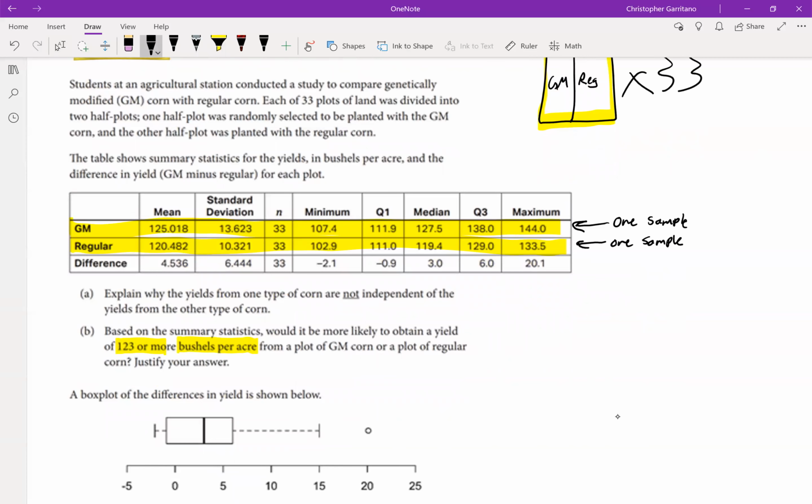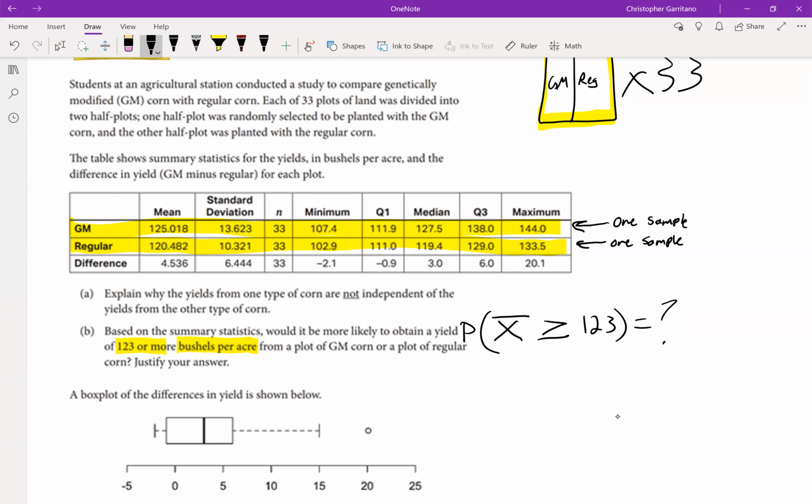So they're basically asking for an X bar. How likely is it for X bar to be greater than or equal to 123? In other words, what's the probability that X bar is greater than or equal to 123? And you'd really want to find this number for each population, the genetically modified population and the regular population.